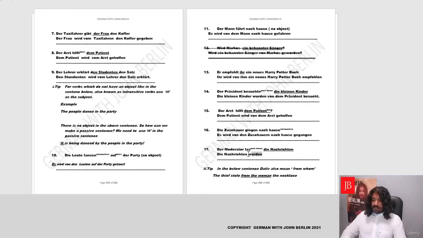So that's the third person plural. Die Nachrichten wurden from whom? Von. Moderator is masculine, so it's dem, der, dem. Von dem Moderator. Very good. The verb is to read, lesen. In perfect, it's gelesen. Die Nachrichten wurden von dem Moderator gelesen.